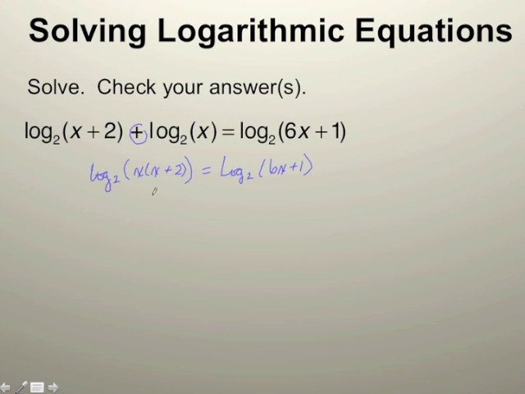The only way that can happen, if these two logs are equal, is if the two arguments are equal. So x times x plus 2 must equal 6x plus 1, or x squared plus 2x minus 6x minus 1 equals 0. x squared minus 4x minus 1 equals 0.